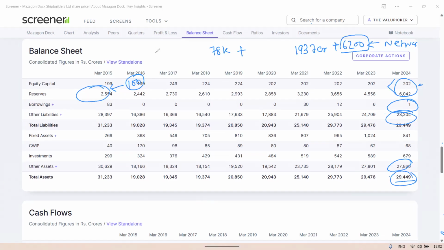Now what are we getting after investing as of now from this particular business? 78K CR is their buying bid. I will get only 6.2K net worth as on date plus 1.93K CR of earning profit.